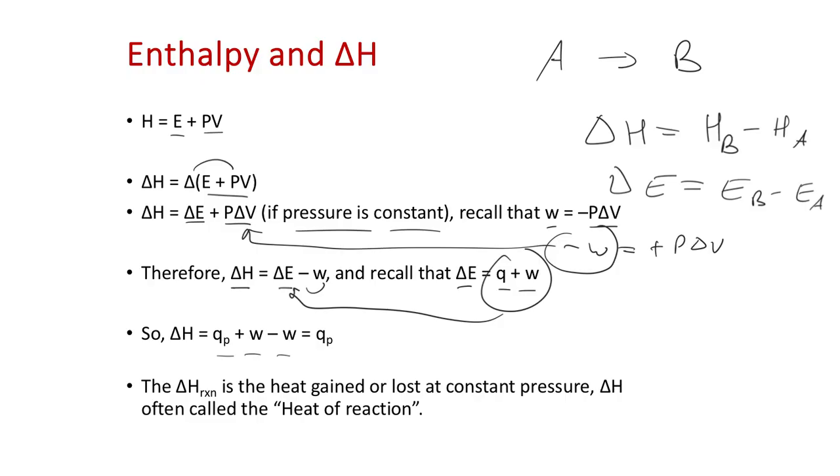It can't do net work. Even if a reaction generates a gas, that gas can't work on the surroundings because it can't increase the pressure of the surroundings. It can't physically move the surroundings. And so work goes away in our equation here, and enthalpy becomes just the heat change of that process. The little symbol P here just means at constant pressure.